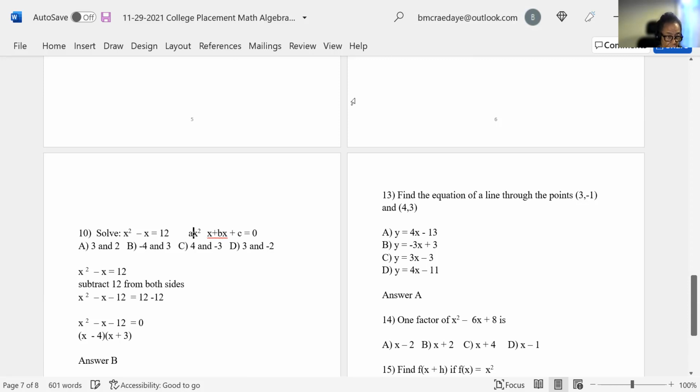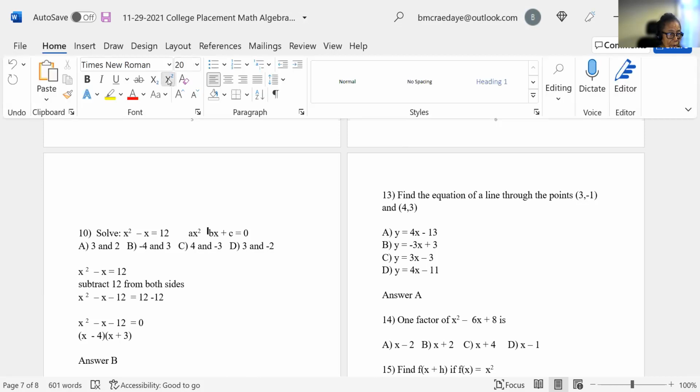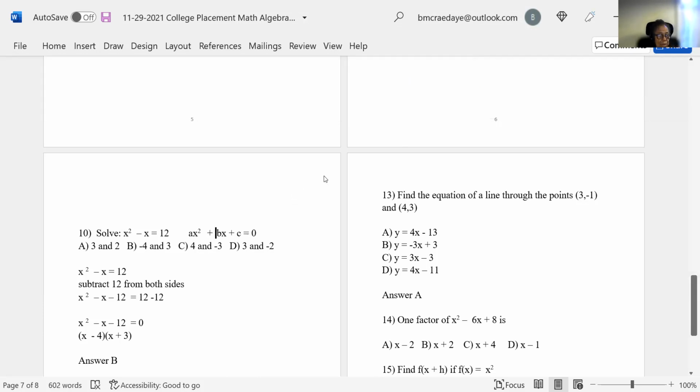Let's bring this over. So this is ax squared plus bx plus c is 0. That's the general format, where a is the coefficient of the x squared, b is the coefficient of the x, and then c is the constant.